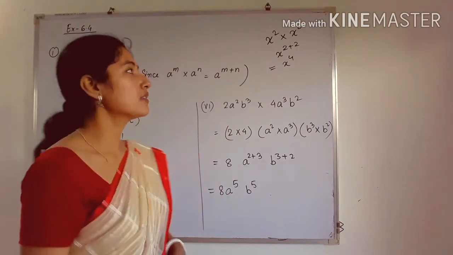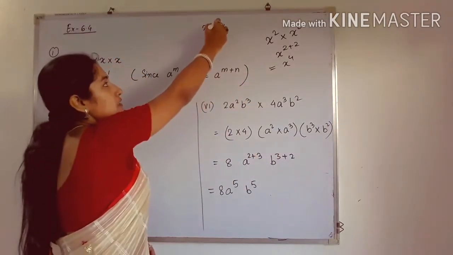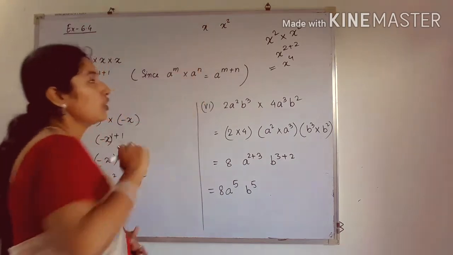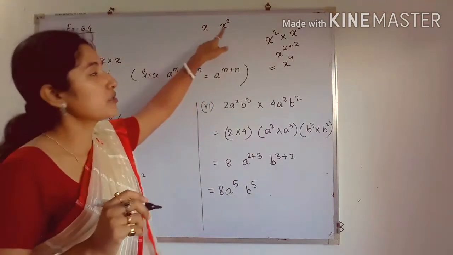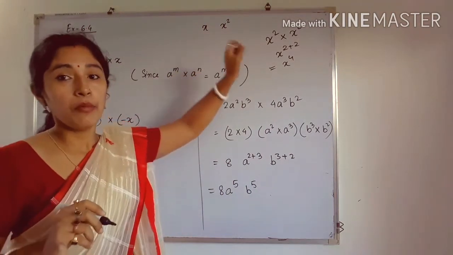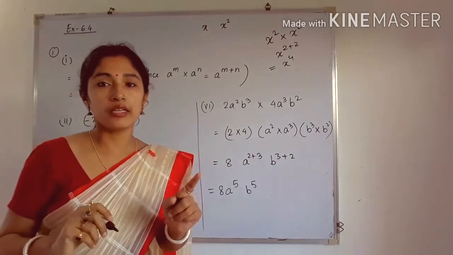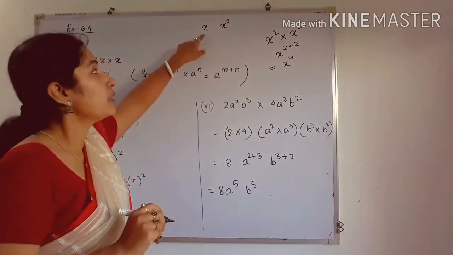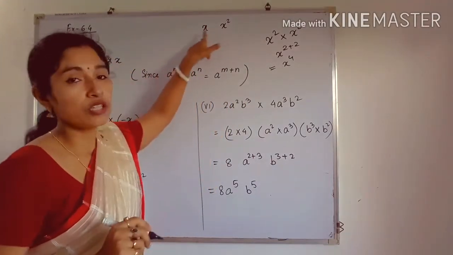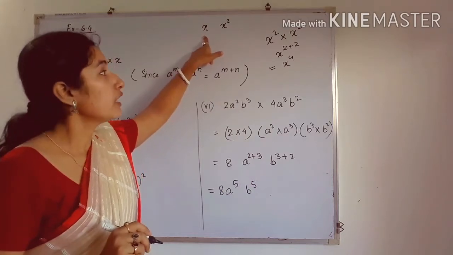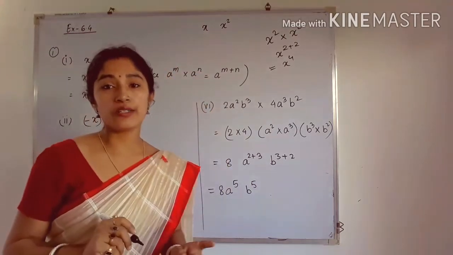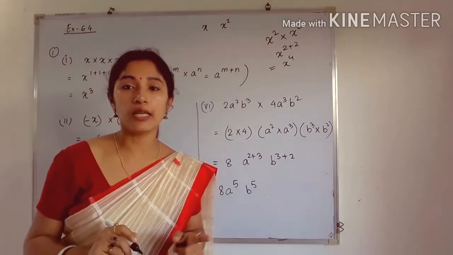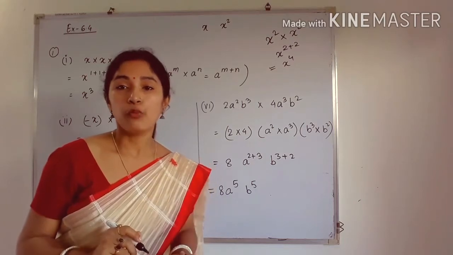Similarly, if I multiply x and x square, you can see both terms are not alike, they are unlike terms. But the most important thing is that the variable is the same, x and x both are the same variable, okay? So if the variables are the same, then we can also multiply the two polynomials.